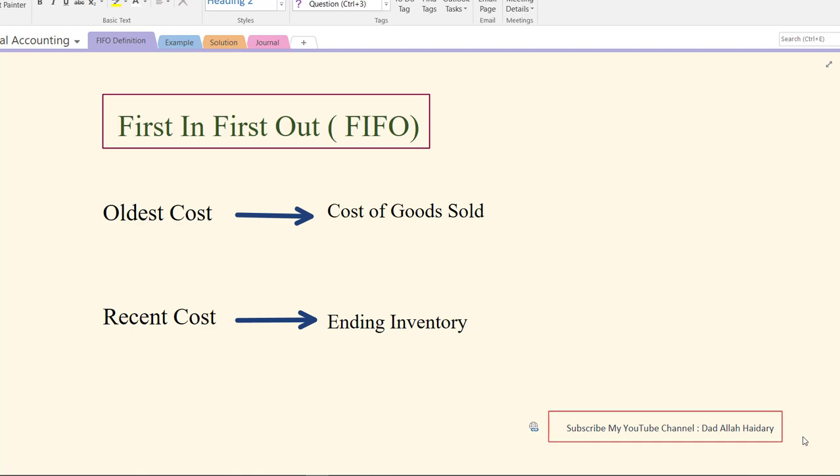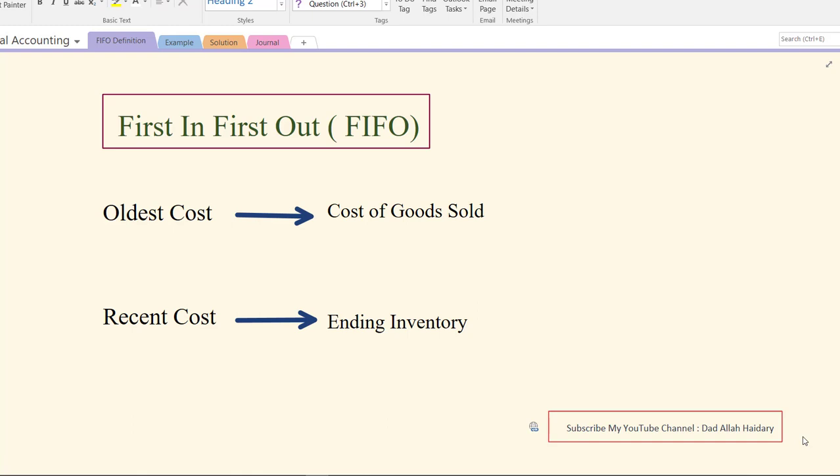What does it mean? Suppose you purchased inventory on 1st of March, and on 5th of March there is another purchase. If on 10th of March you sell, the sales will be from 1st of March if you're using the FIFO method. Why? Because the oldest inventory is from 1st of March.